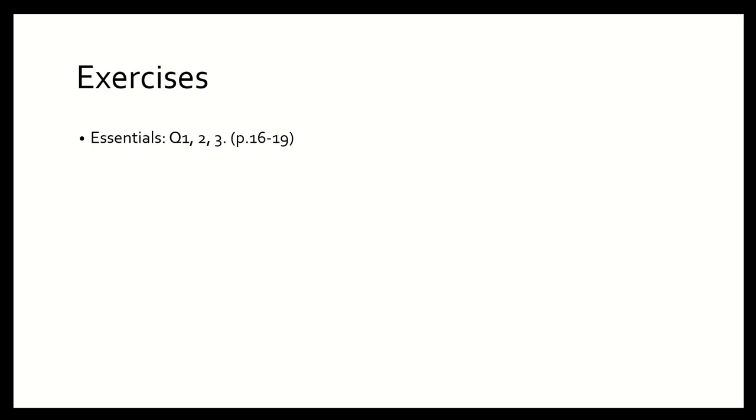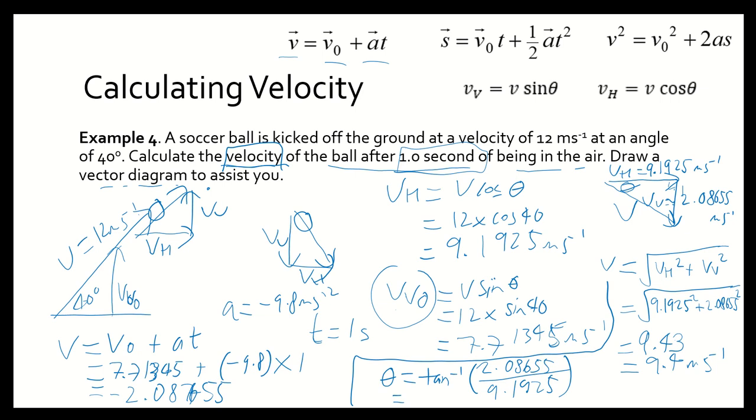So if we find our angle, it'll be tan to the minus 1 of 2.08655 divided by 9.1925, and it will give us an angle of approximately 12.79, which is approximately 13 degrees below the horizontal.